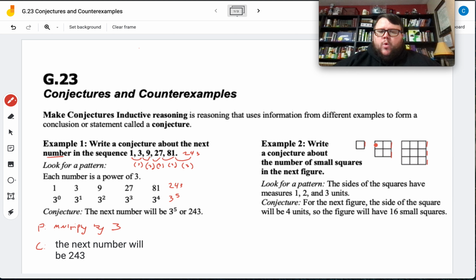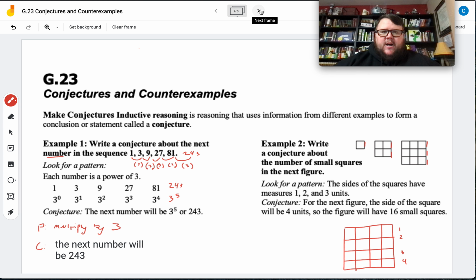If the first one is 1, the second is 2, and the third is 3, what's the fourth going to be? It's going to have 4 squares, one big square with 4 sides, and after that would be 5, and so forth.